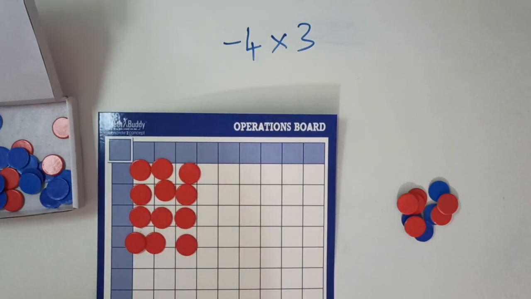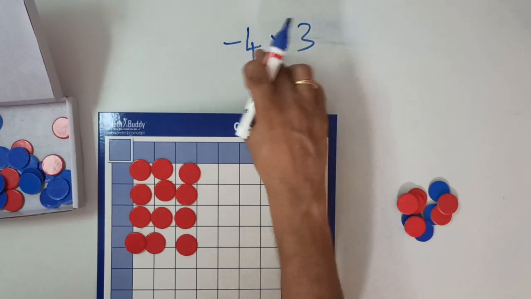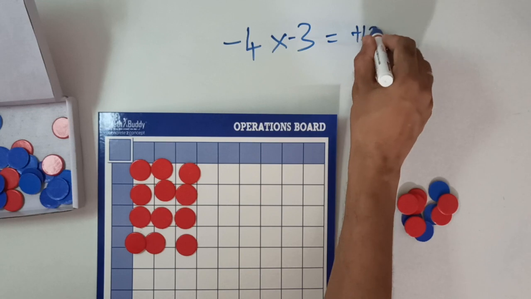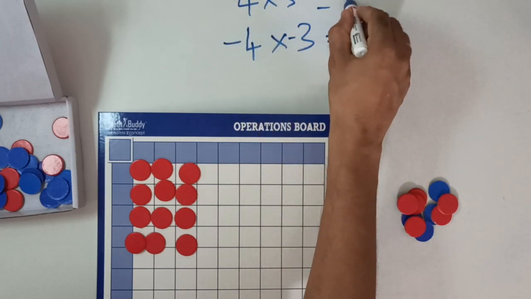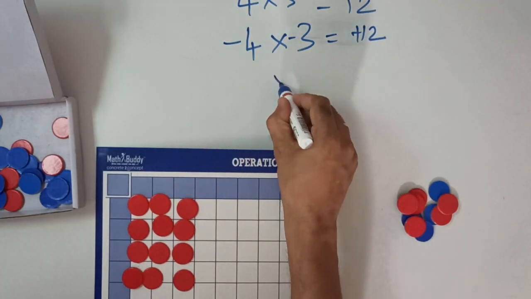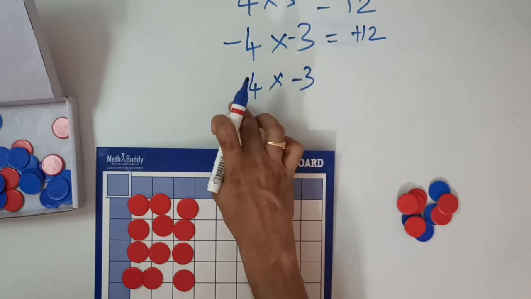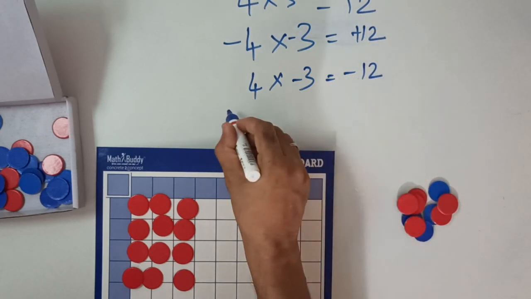So this is integer multiplication. If you want to simply remember how this works: when we did minus 4 times minus 3, we had plus 12. When we had 4 times 3, also it was 12. When we had only one of them with a negative sign, as in 4 times minus 3, it was minus 12.